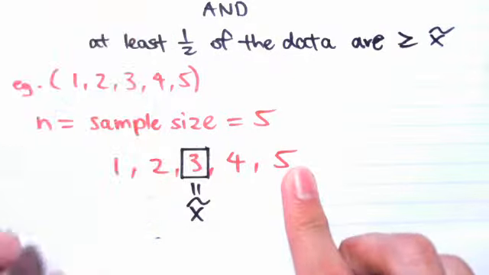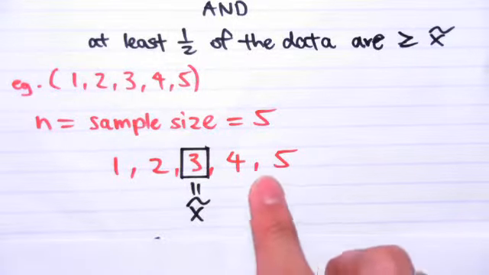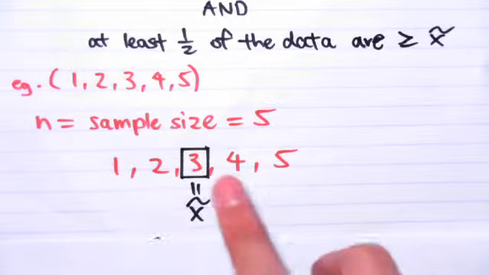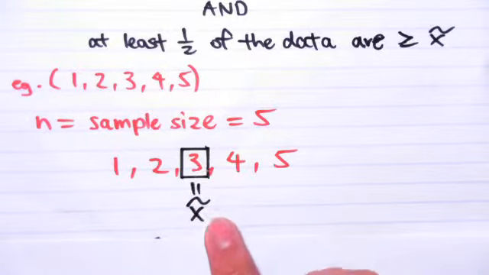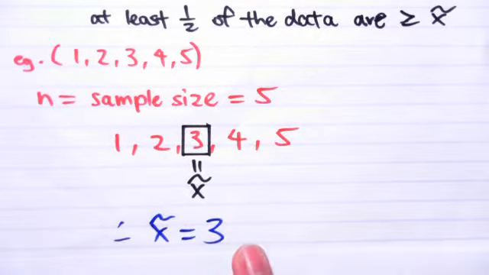Because the amount of numbers on both sides of 3 is exactly the same, 3 is our median. Therefore, we conclude that x squiggle is equal to 3.